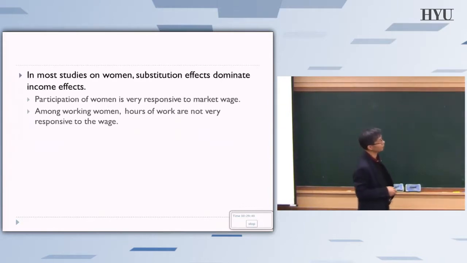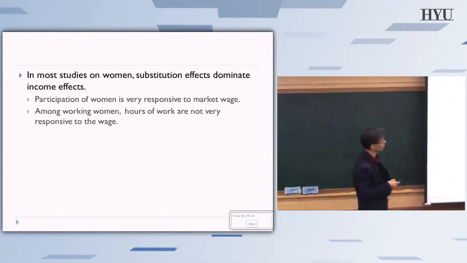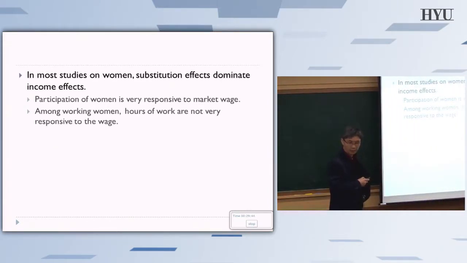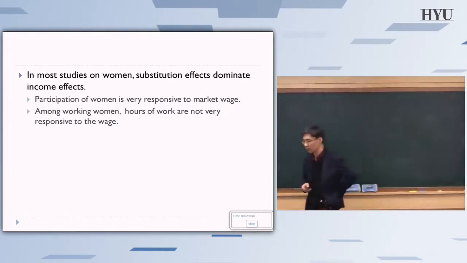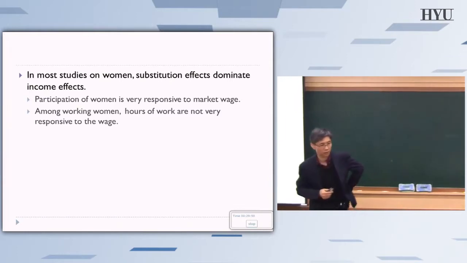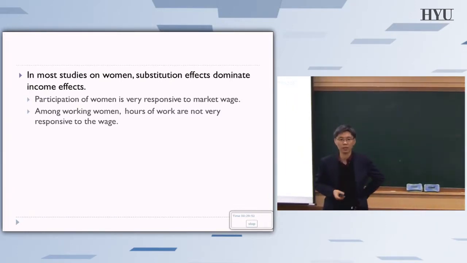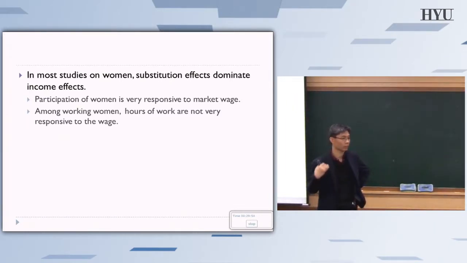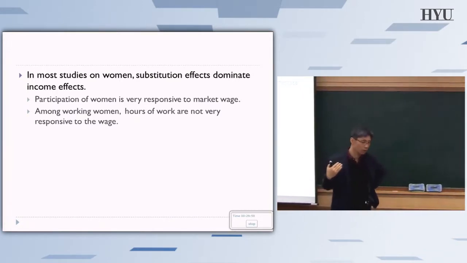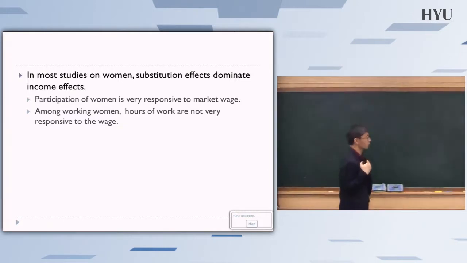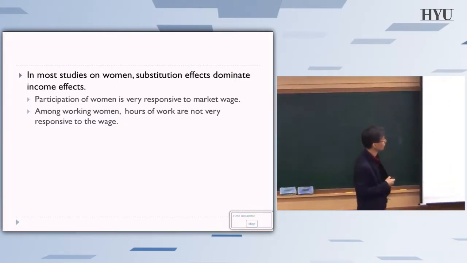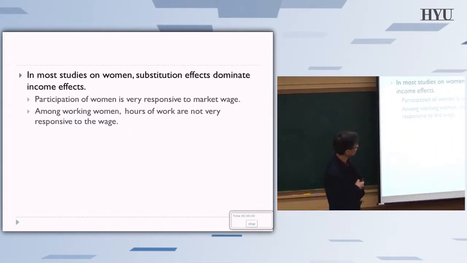Now, another thing is, how about the labor supply elasticity of women? What they found out is that in most studies, it seems that the substitution effect is bigger than the income effect, which means for women, when the wage goes up, they tend to work more. When the wage goes down, they tend to work less. So the participation of women, whether to work or not, is very responsive to the market wage.